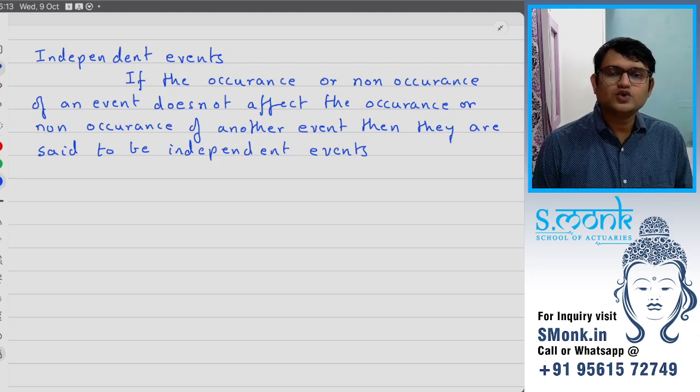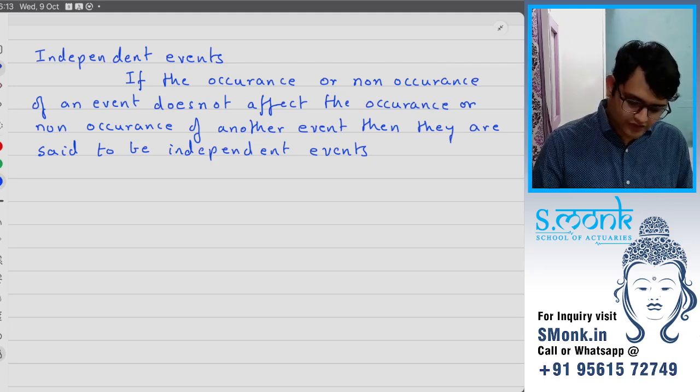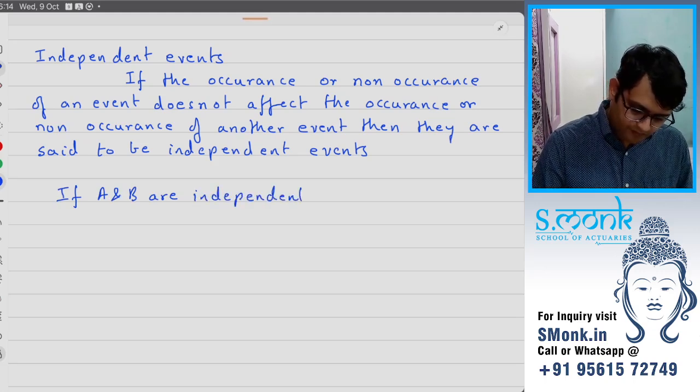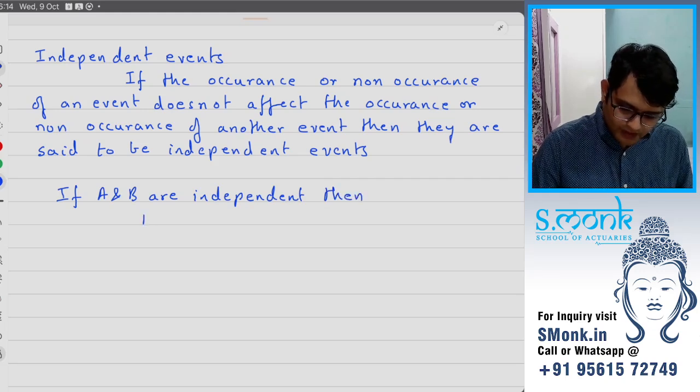So let's say two events are independent. If A and B are independent, then we say probability of A intersection B will be equal to probability of A times probability of B.